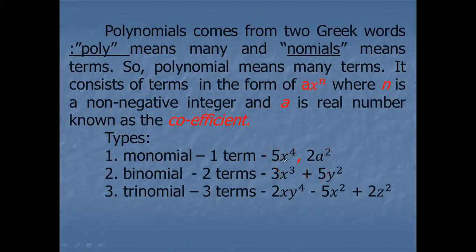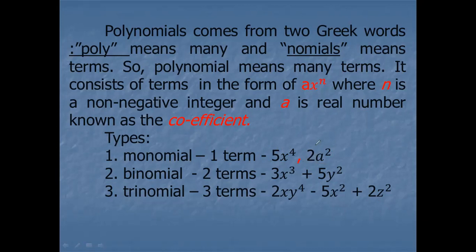The letters, like x, y, z, are what we call the variables. And of course, the power is the exponent. Just remember that: the variable, the coefficient, and the power.